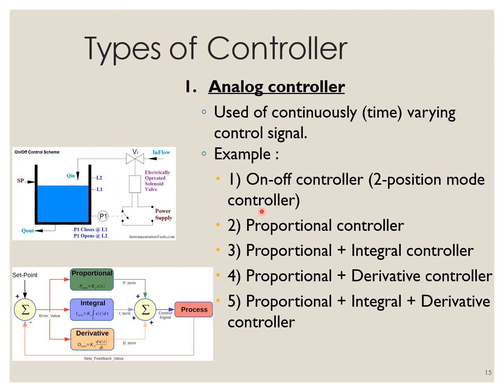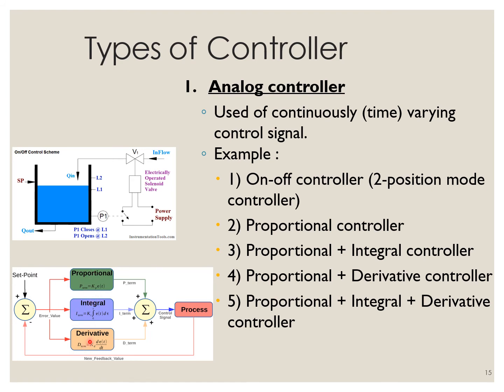For items 2, 3, 4 and 5, the P, PI, PD, PID controllers, it's actually inside the control system, inside the controller itself. We can choose whether we want to use P, PI or PID.